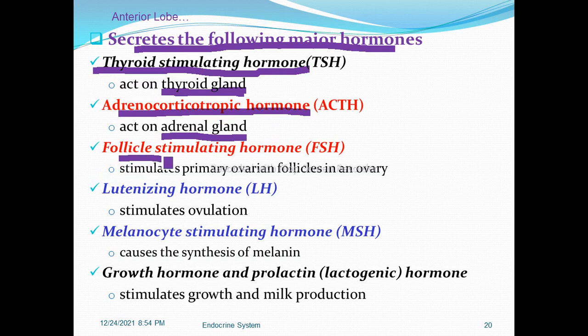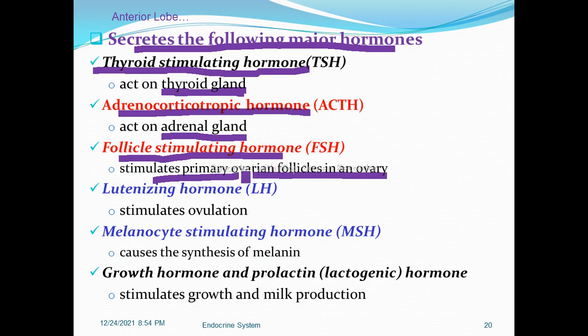Follicle stimulating hormone is secreted by the anterior pituitary gland and stimulates primary ovarian follicles in the ovary. It stimulates the development of follicles, because in the ovary there are primordial follicles, primary follicles, and the Graafian, mature follicle.